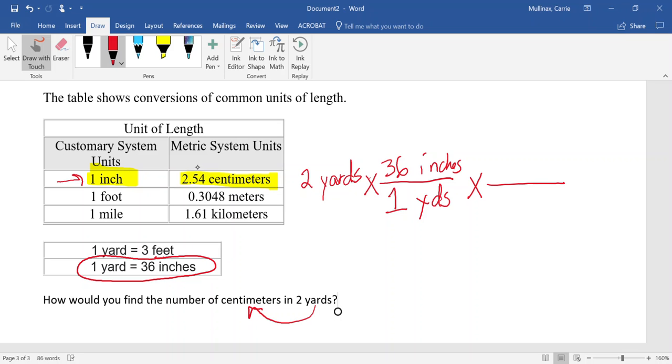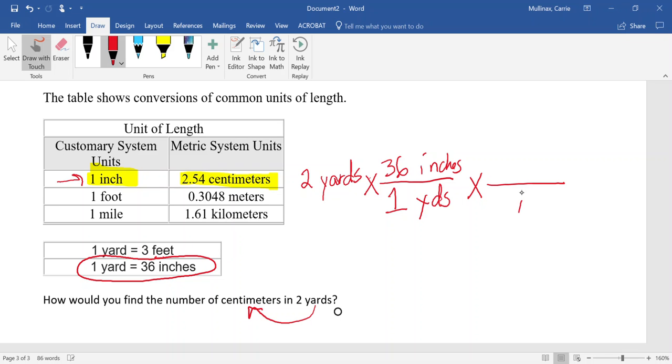Can you tell by looking at this which is bigger, an inch or a centimeter? Since there are about 2.5 centimeters in each inch, an inch would be bigger than a centimeter. So we expect our number to get even bigger when we multiply to convert from inches to centimeters.